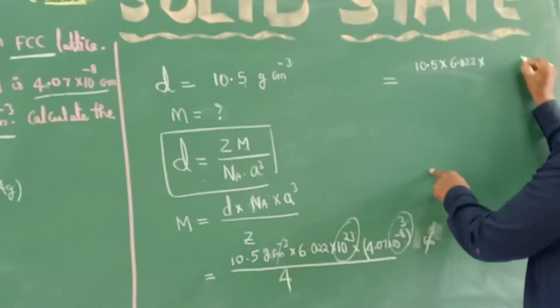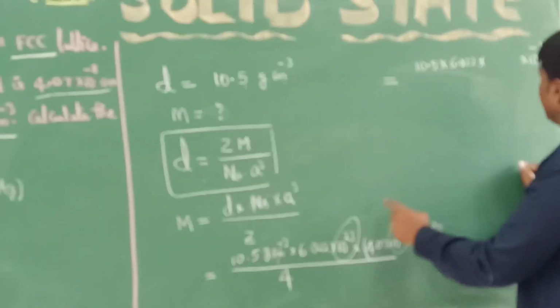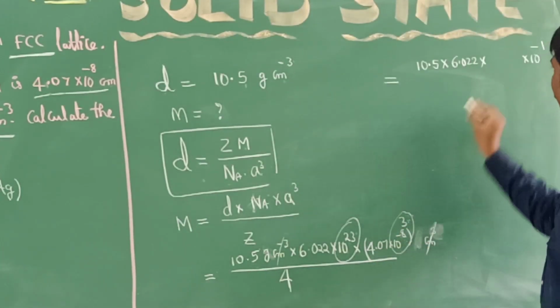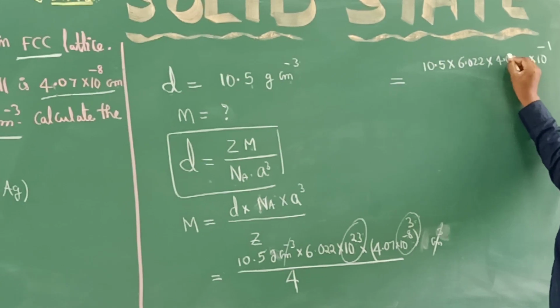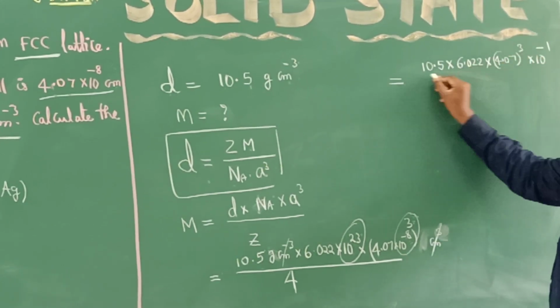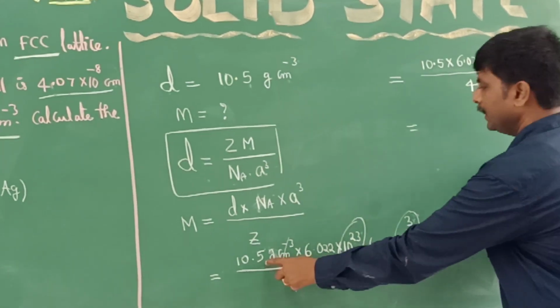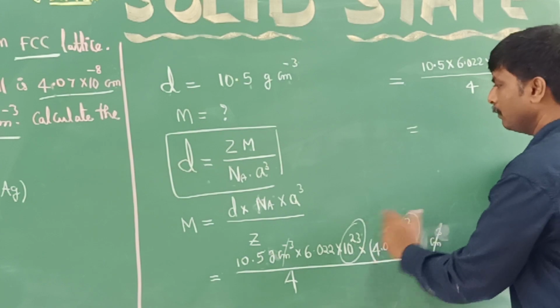So minus 24 plus 23 gives 10 to the power of minus 1. What is the remaining? 4.07 whole cube by 4.